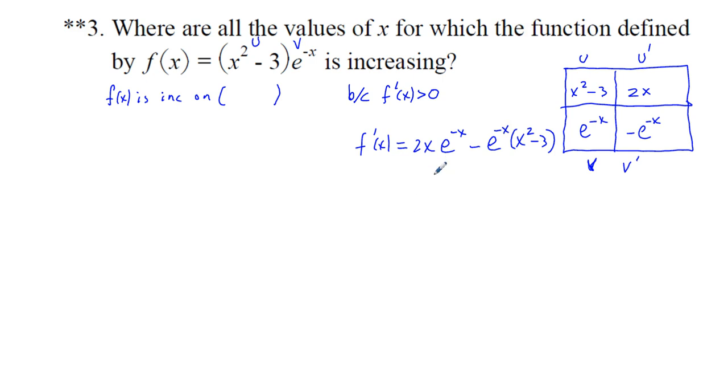And factoring, how can we factor this? It looks like we can pull out an e to the negative x power. So f prime of x is going to be e to the negative x power times 2x minus x squared minus 3.